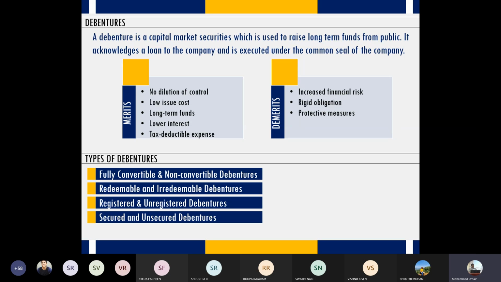So that's unregistered debentures. But in a registered debenture, all the data of the subscriber will be maintained by the company. Even if you lose your debenture certificate, it doesn't matter, because you can go to the company and inform them that you have lost the certificate, right? Your name, your data, is already registered with the company.